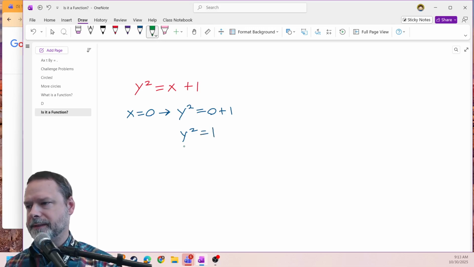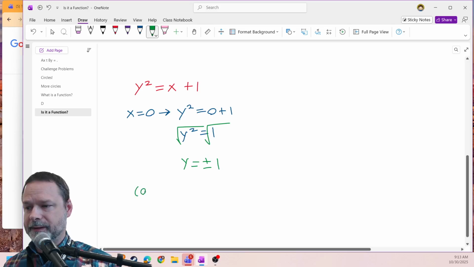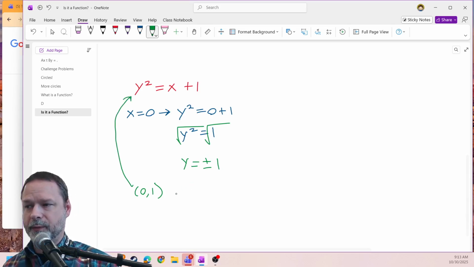Check this out. I have to solve for y, so I've got to take a square root. What do I get? y is plus or minus 1. That means I get two points that are true for one x value. In other words, (0, 1) is a solution to this equation, which also means it will be a point on the graph.